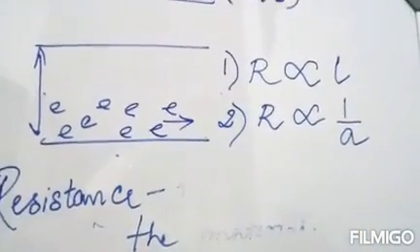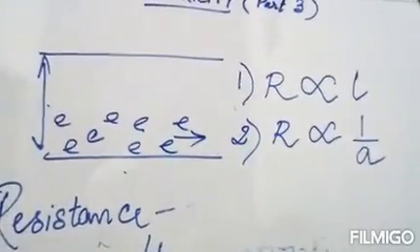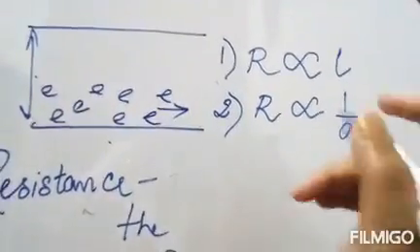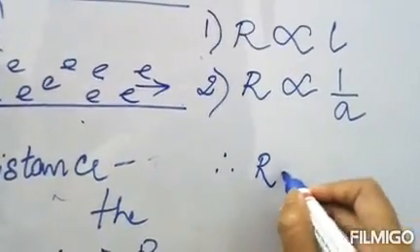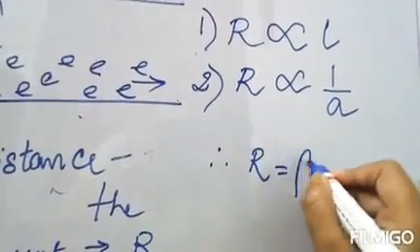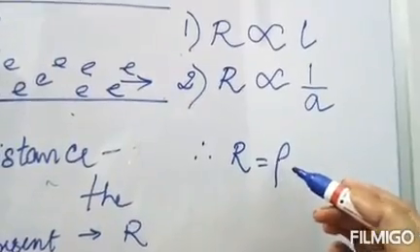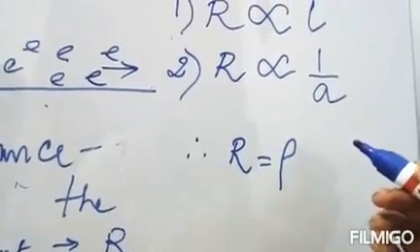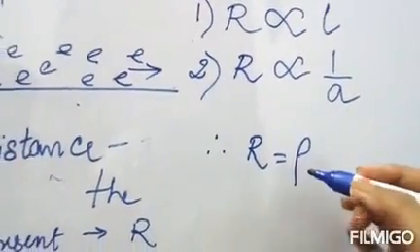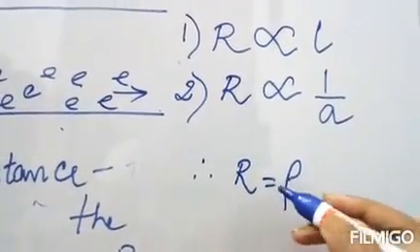Now if I want to remove this proportionality, I have to bring in a proportionality constant, and in the case of resistance we bring in the proportionality constant as rho. It is written like the letter P in the alphabet.